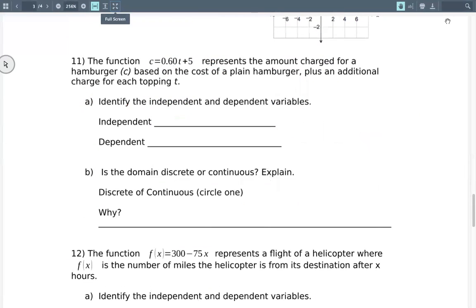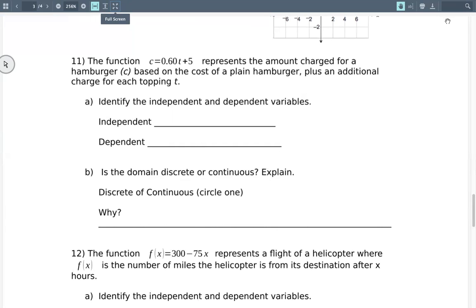All right. These ask to identify the independent and dependent part, and then explain why it's discrete or continuous. Okay, I know it says of, but it's going to be discrete or continuous. So identify the independent variable.